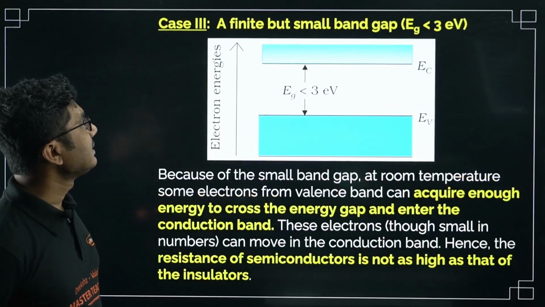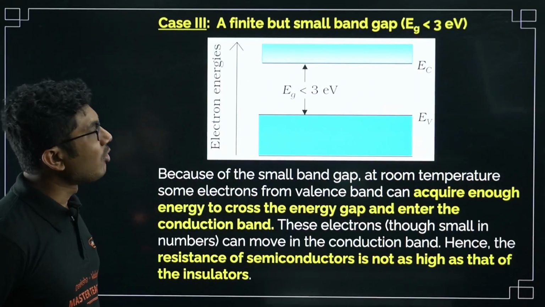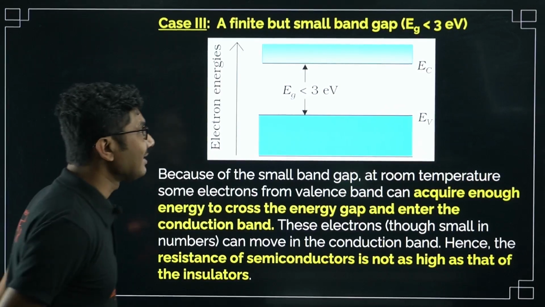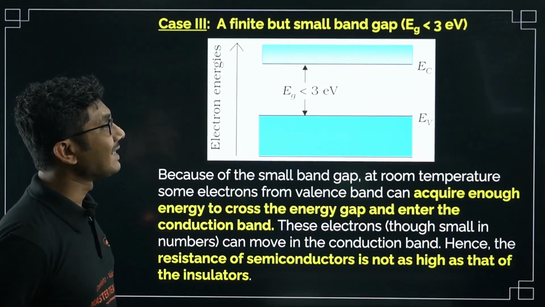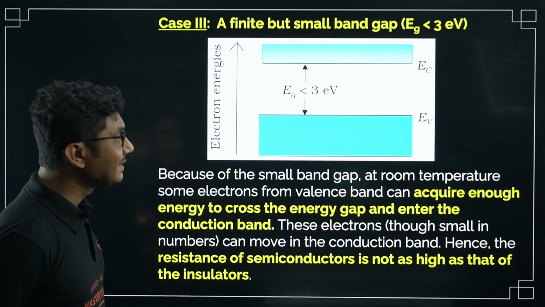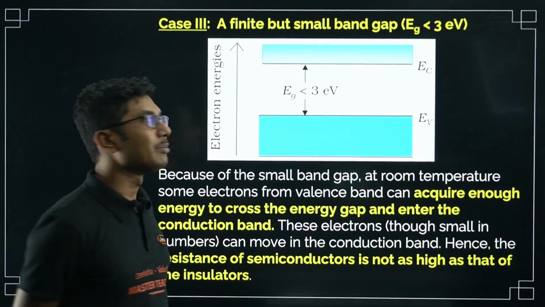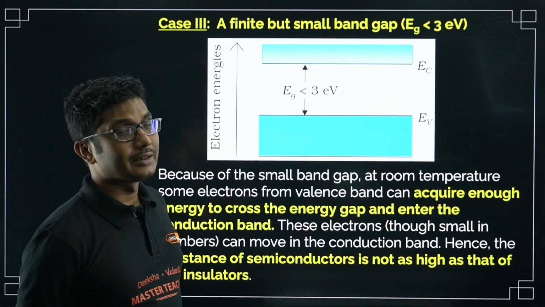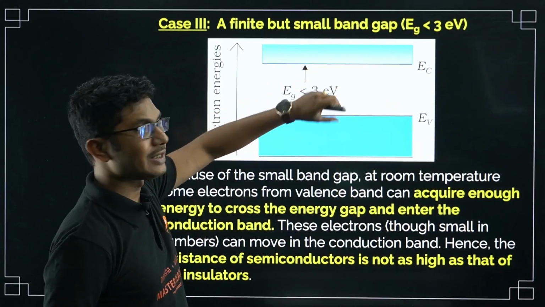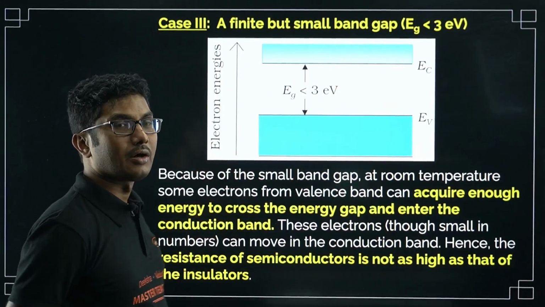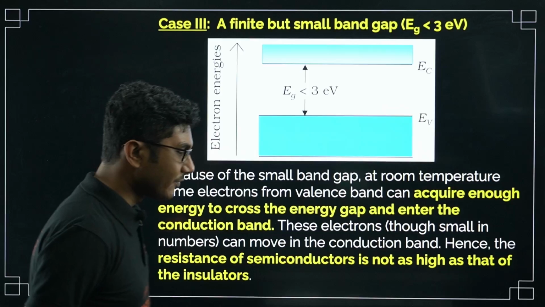Next is finite but small band gap. Band gap is less than 3 electron volt. Very, very important. If the band gap is less than 3 electron volt, there is a chance that at higher temperature, as the temperature increases, the band gap decreases, and some electrons will go to the conduction band and give rise to conduction.